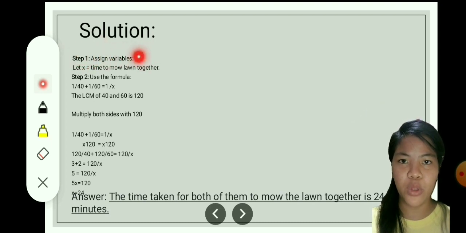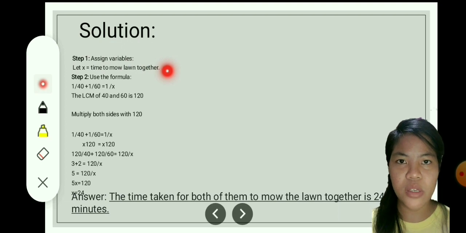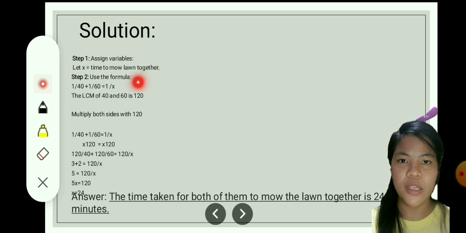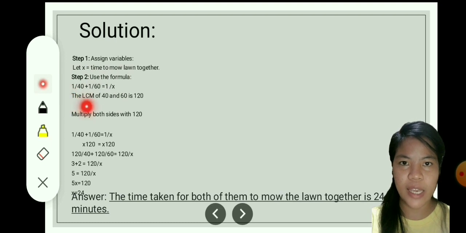Step 2 is to use the formula, which is 1 over 40 plus 1 over 60 is equal to 1 over x. And then get the LCM of 40 and 60, and that is 120.